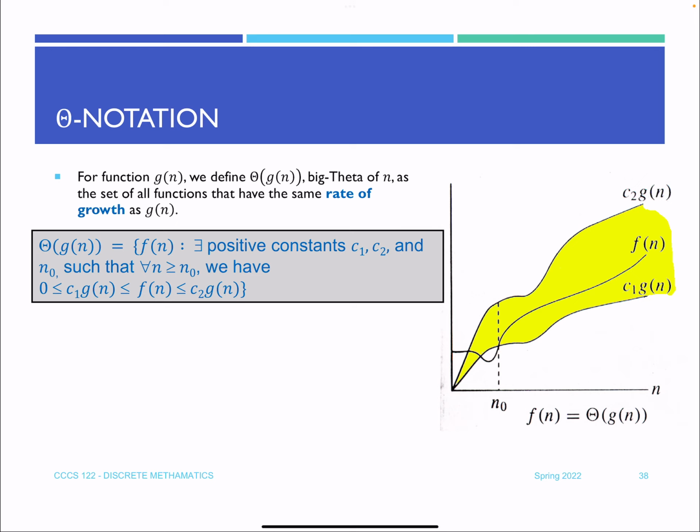So we have over here a function f, and you can see that initially it travels around quite a bit, but then after a certain point n0 for the independent variable n, this function remains in the space between function g of n multiplied by some factor c1 and the same function g of n multiplied by a different, larger factor, c2.